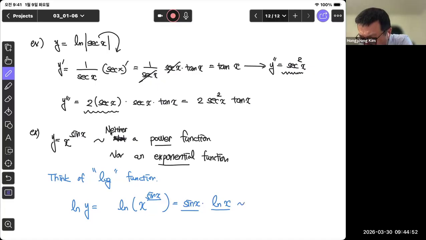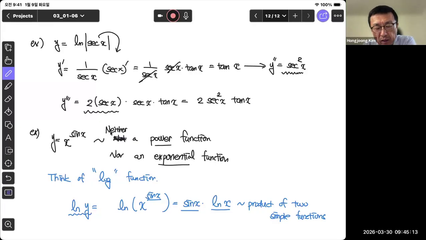So this is a product of two simple functions, which means I can just apply the product rule. Okay, then what is the left hand side? y is a function of x, that is what is given, and then I have just a log of y. So that means I have a composite of two functions.